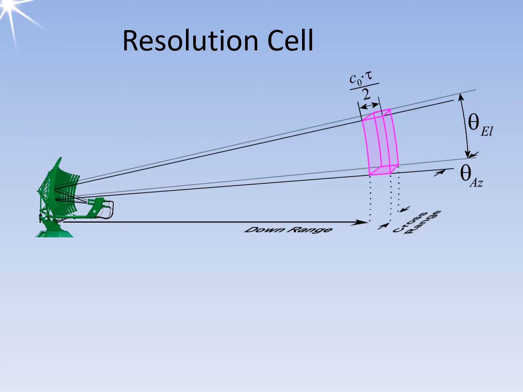In the case of a very narrow pencil beam, this means, with small values of the angles theta azimuth and theta elevation, the size of the volume of the resolution cell can be calculated according to the following equation.